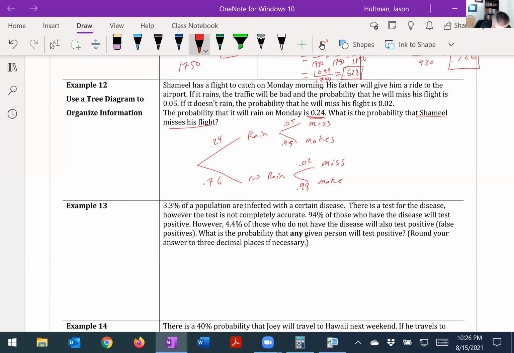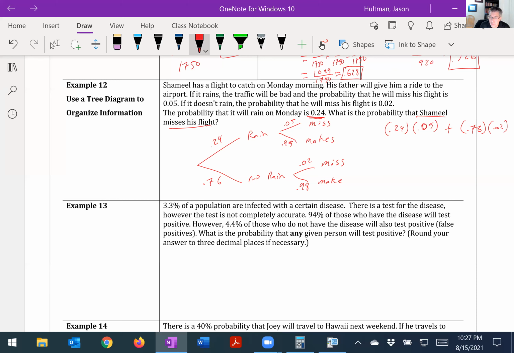So there are two scenarios here. There's the rain and misses: 0.24, the probability that it rains, times the probability that he misses, given that it rains, plus the probability of it not raining times the probability that he misses, 0.02.